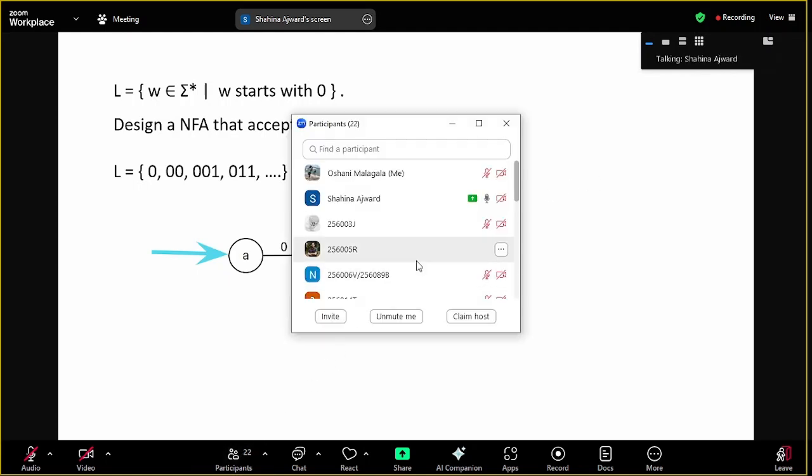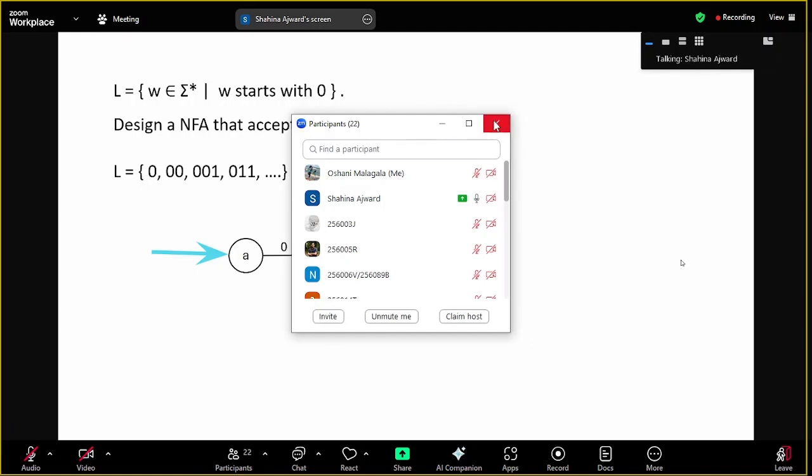There is a question: is NFA and DFA the same?